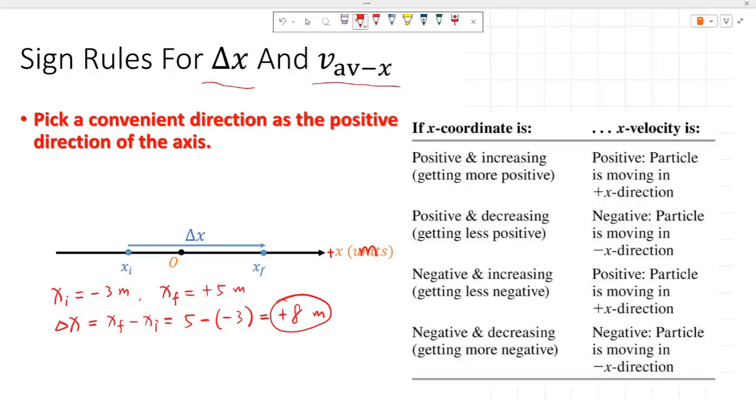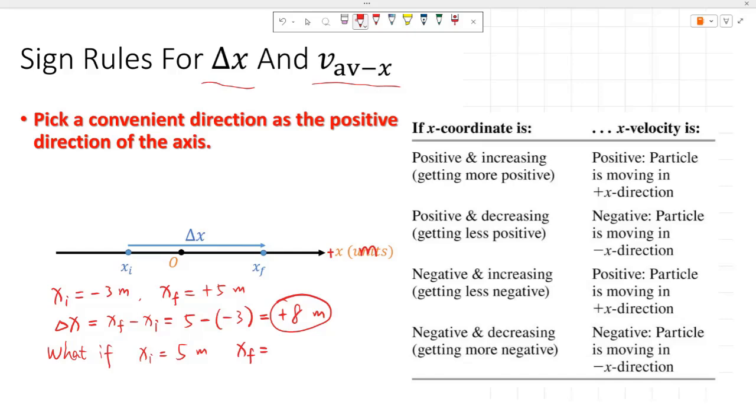Now let's try a different set of initial and final positions. So let's just swap the starting and end point of the process. All right, so x of i, let's take it to be 5 meters, which was the final position for the previous scenario. But we're going to take that as the initial position here.